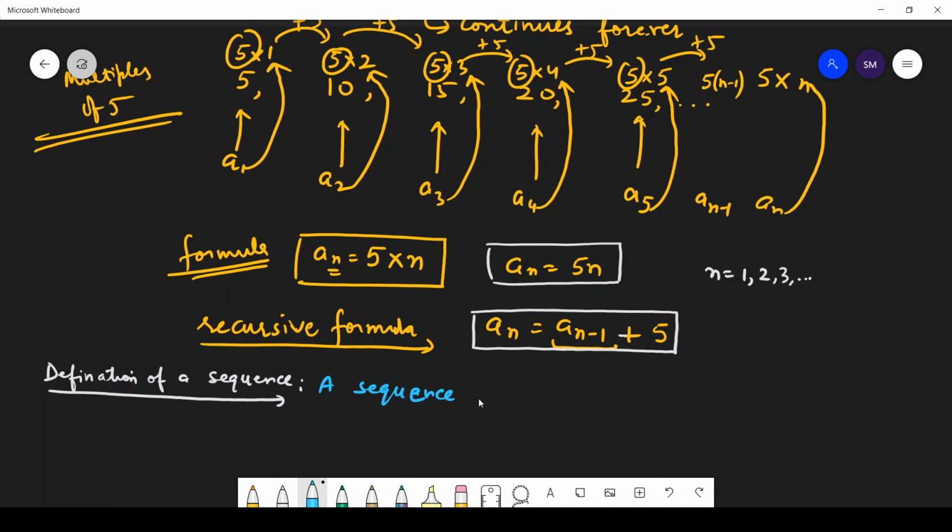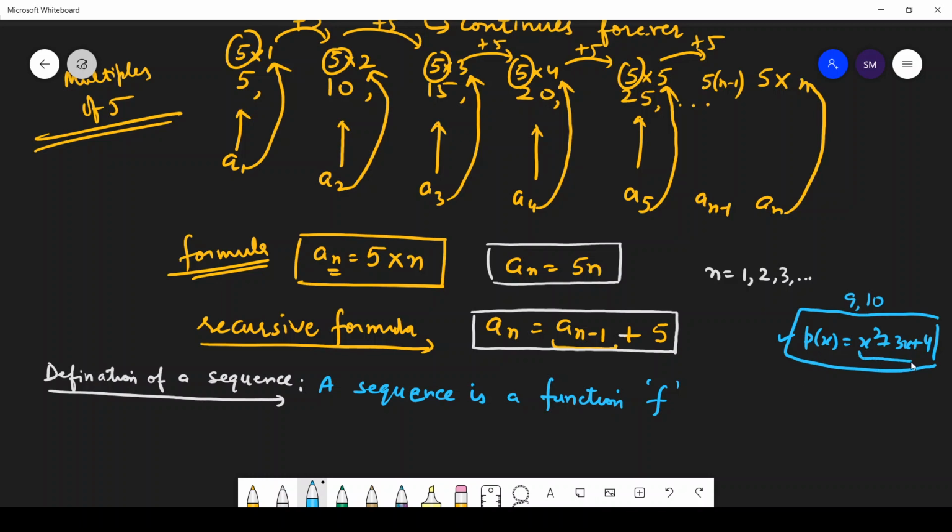A sequence is a function f. Like students, you have done polynomial functions, p(x) equals x squared plus 3x plus 4, something like this. Do you remember? In class 9, 10, we have done these kinds of polynomial functions.